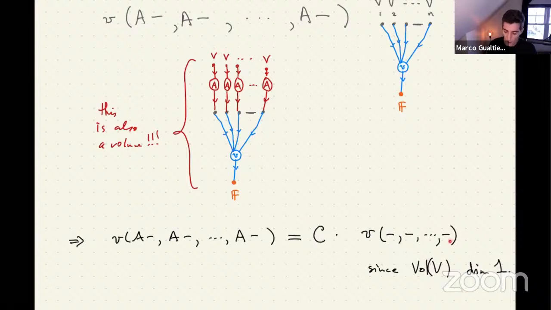There's no other choice. We can figure out what this constant is, but the important thing I want to point out is that the way a linear operator affects a volume is that it multiplies that volume by a constant. Nothing more complicated than that. And this constant must depend upon A.